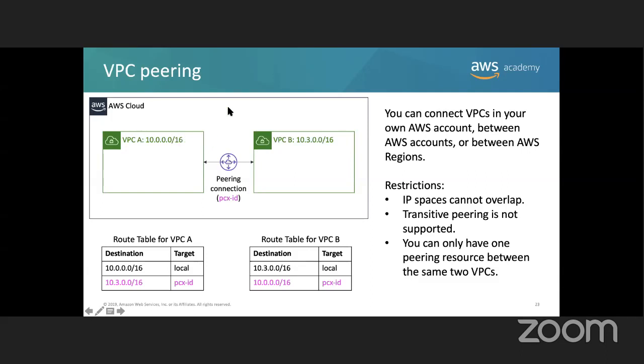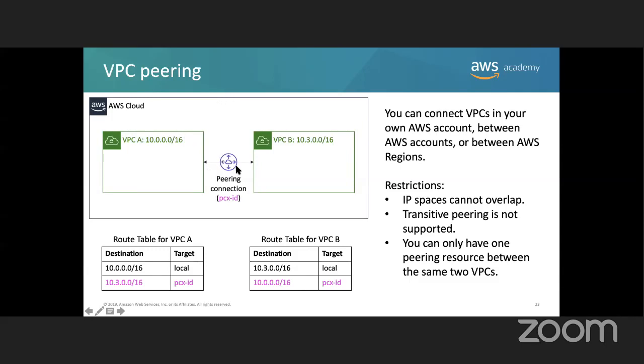Let's just imagine there is a VPC-C here, right? And I just established a peering connection between C and B. That doesn't mean that C is connected to A. So you will have to create a VPC peering between VPC-A and VPC-C to be able to connect.